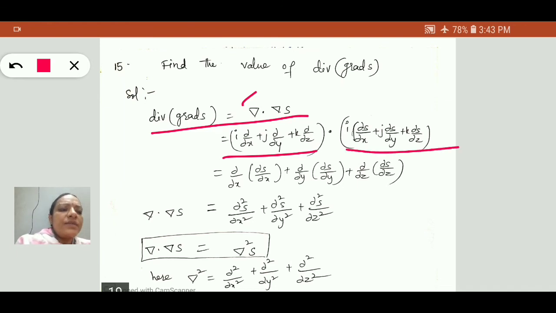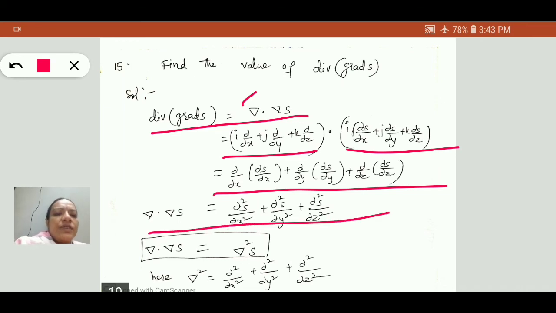Here also, i dou S by dou x, j dou S by dou y, k dou S by dou z. Next, dou by dou x of dou S by dou x plus dou by dou y of dou S by dou y plus dou by dou z of dou S by dou z.